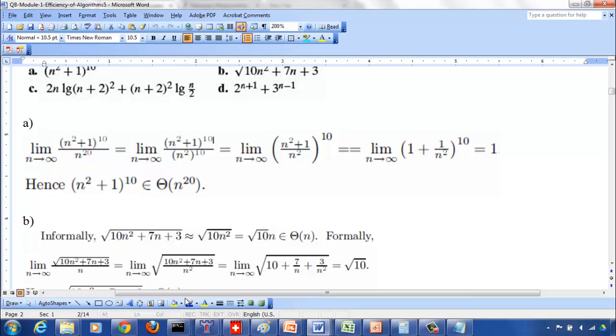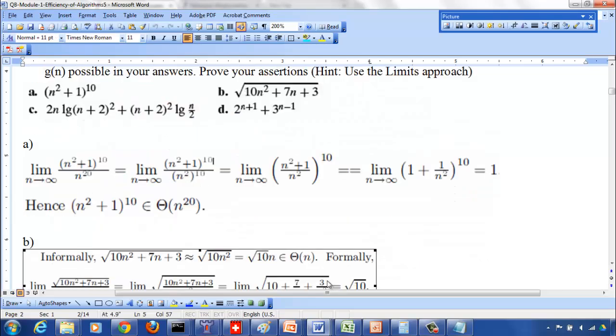So it is 10n square plus 7n plus 3 divided by n square, the whole thing under square root. So n square cancels, then 10 plus 7 over n plus 3 over n square. So now if you apply the limits, n tends to infinity, this is equal to square root of 10. So it's again a constant, so we can say now square root of 10n square plus 7n plus 3 is theta of n.